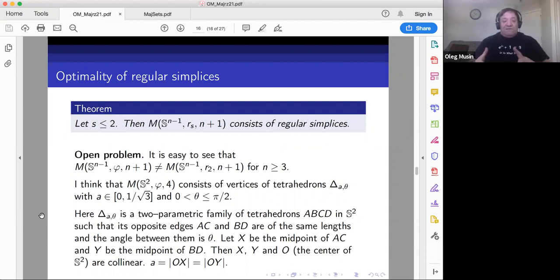There are 2 parameters, a and theta, where a is between 0 and 1 over square root of 3, and theta is greater than 0 and less than or equal to pi over 2. My conjecture is that this describes all M sets, even in 3 dimensions, only for 4 points.